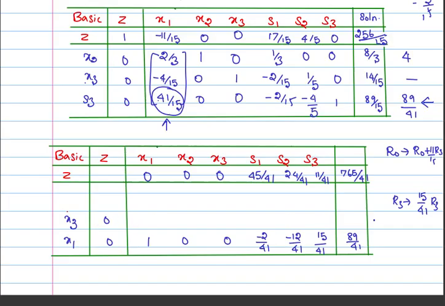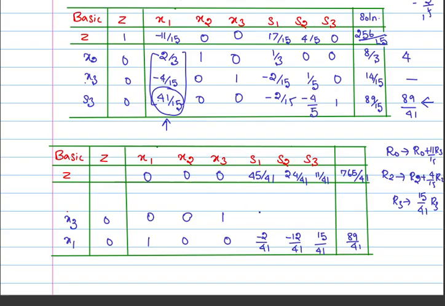Similarly, you want to make x3 here 0. Here you want R2 is R2 plus 4 by 15 R3. So you will get the answer 0, 0. Here you will get 1.